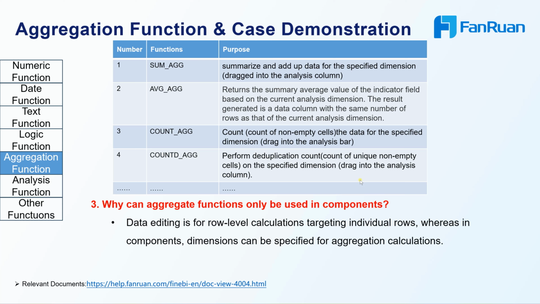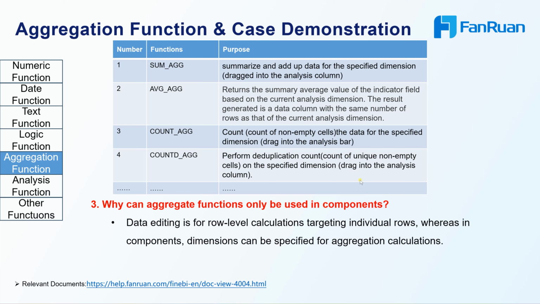Actually, this is a small point I mentioned earlier. In the data editing, we are performing a detail calculation process, meaning we don't change or break the original structure. We just add a new column. Every row corresponds to a value. Do you remember the functions we discussed before, such as splitting or merging? Each row corresponds to a value, and in data editing, there is no concept of dimensions and metrics.